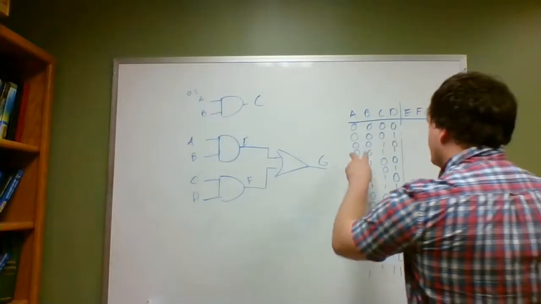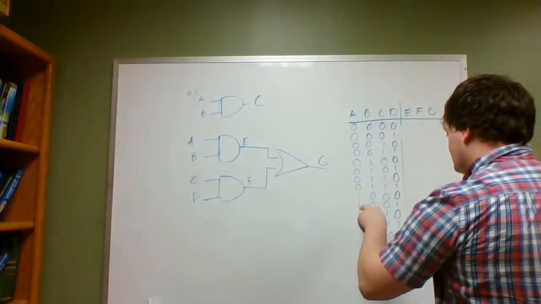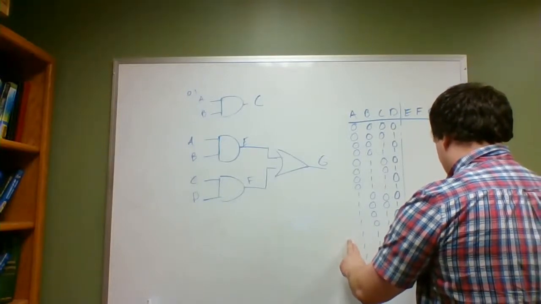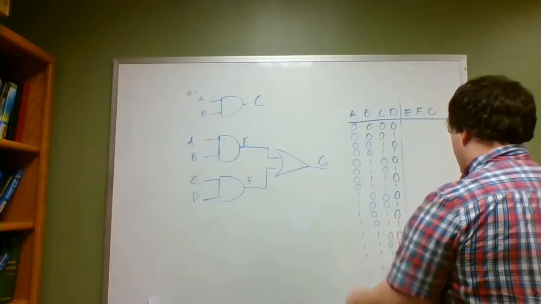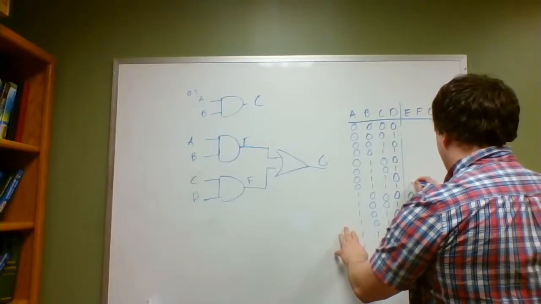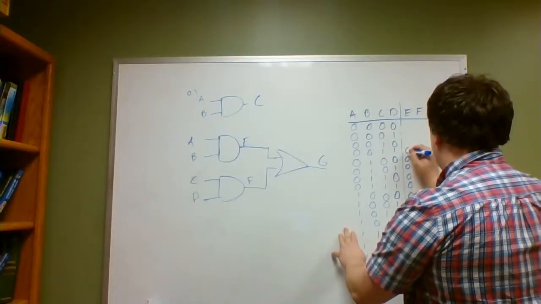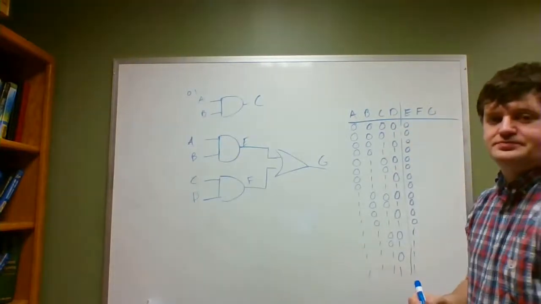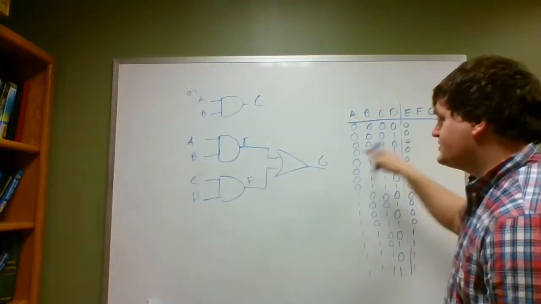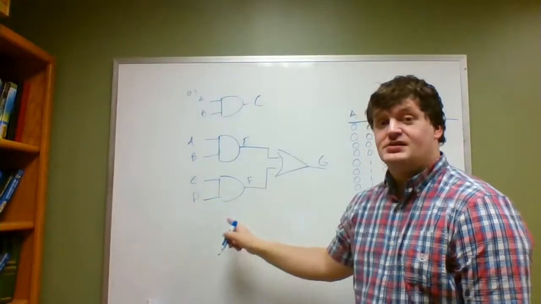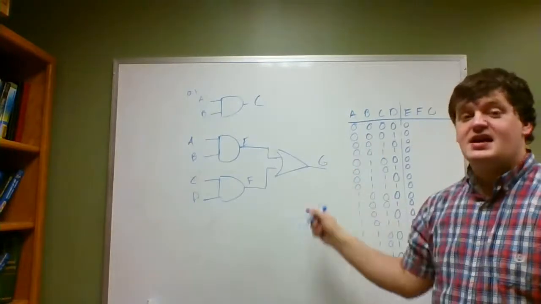So if both of them are on, which are these 4, then E is on. 1, 1, 1, 1. Otherwise, they're zeros. Okay? F is the same way. If C and D are on, it's on, but that's it.